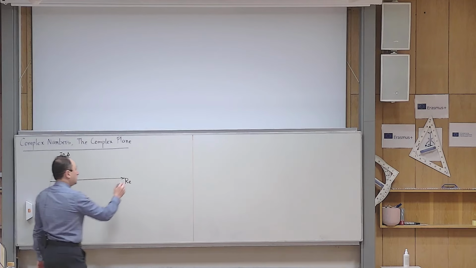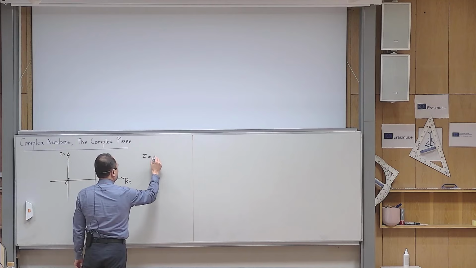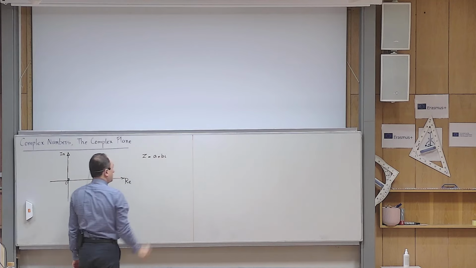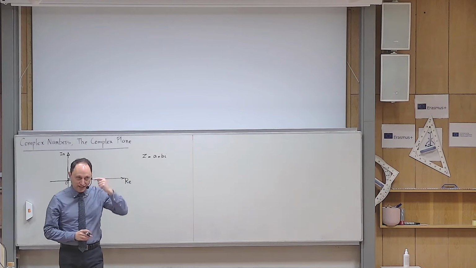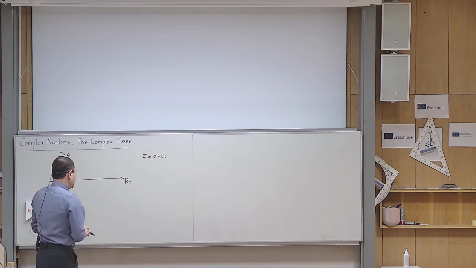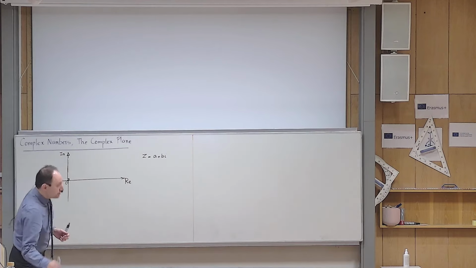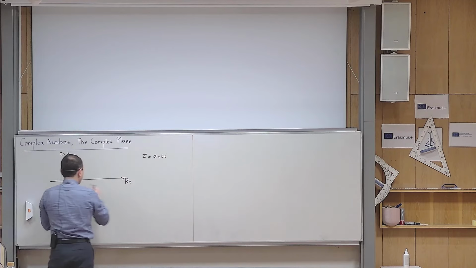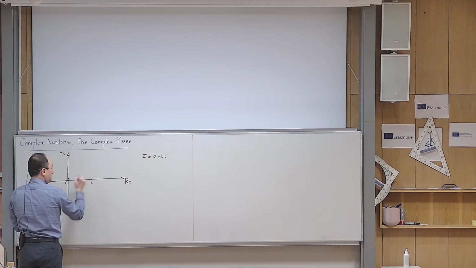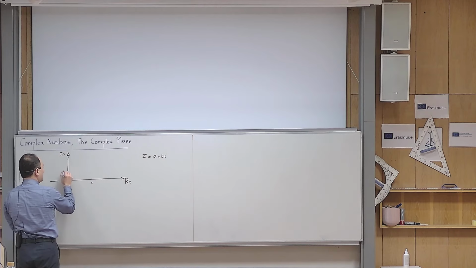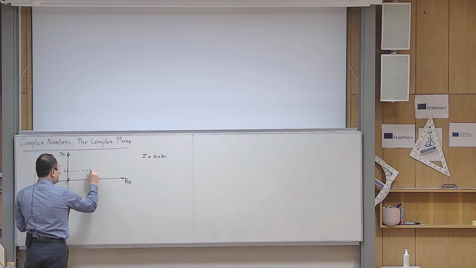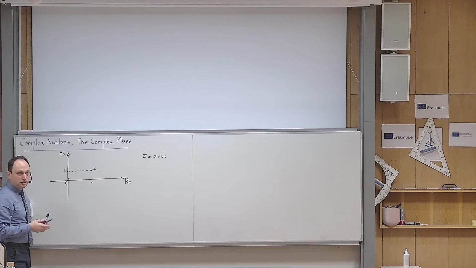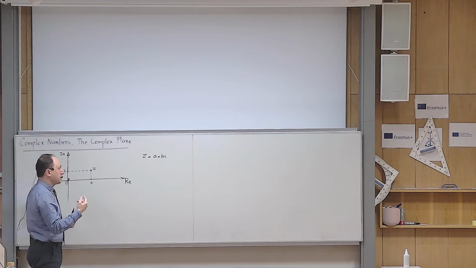But how can I represent a complex number like a + bi? A complex number is an abstract notion. It is a number that just lives in your head. But now, according to this setup, if I find the real part A on the real axis, and the imaginary part B on the imaginary axis, and then find that point, this point is Z. So from now on, we have two ways to think about a complex number.